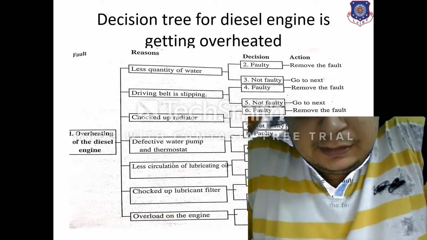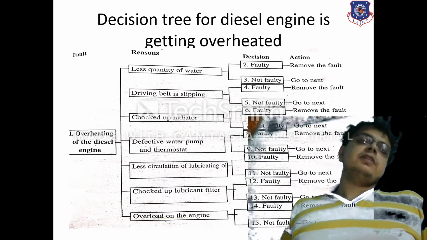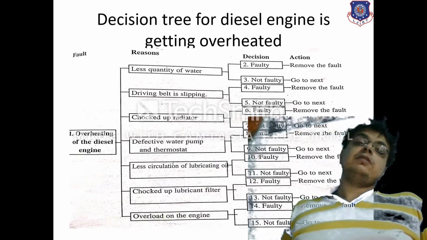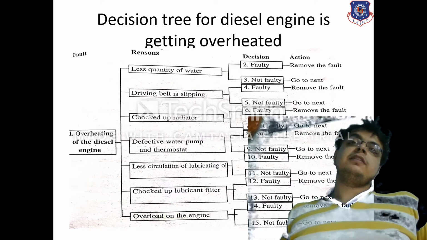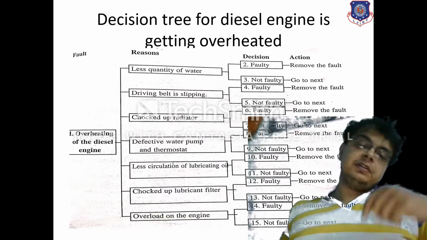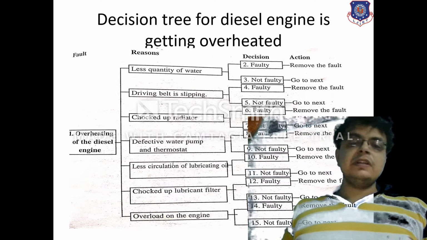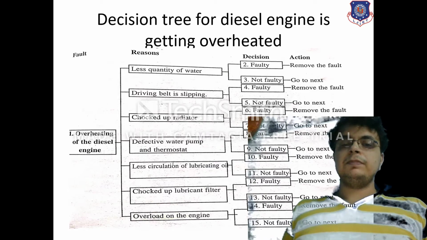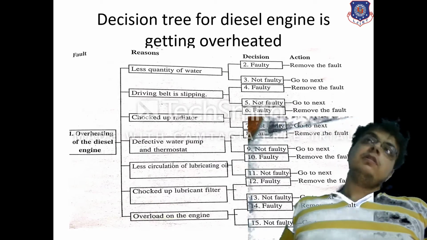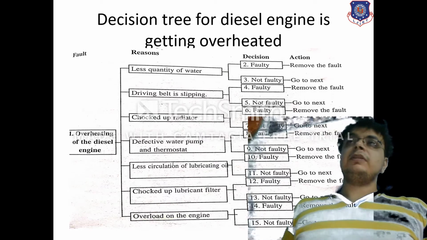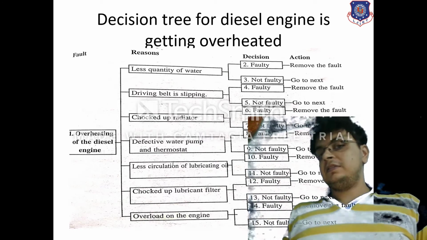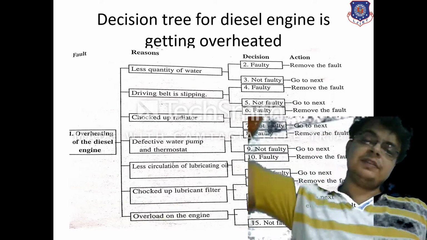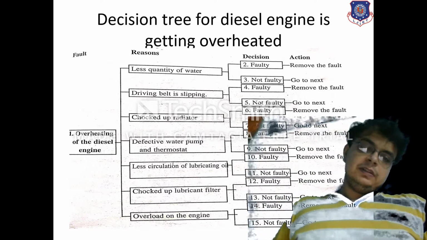Choked up radiator. If the radiator has got choked, then this can also overheat the engine because the cooling agent will not be able to get into it. Next is defective water pump and thermostat. Means if the water pump that is being used is defective, then there is a chance of the occurrence of overheating of the diesel engine.